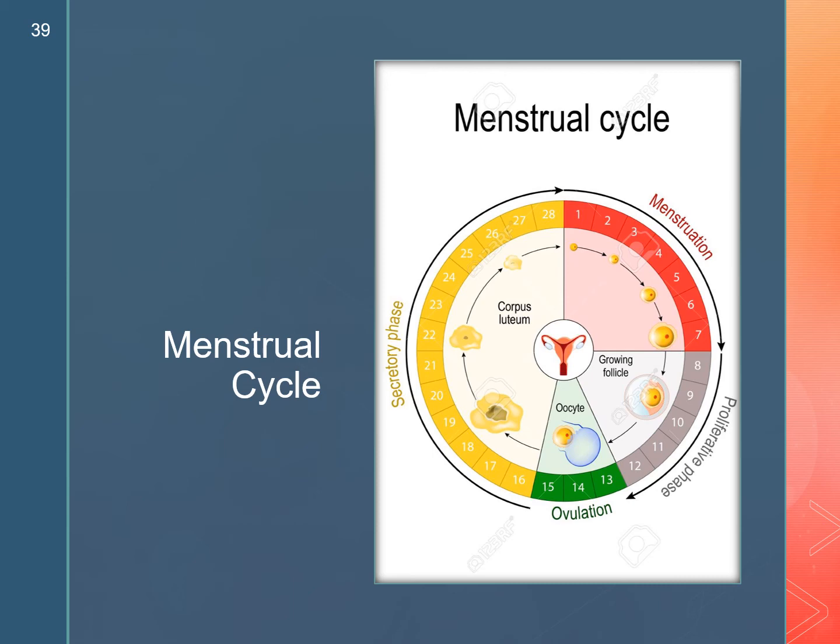Remember, this is when the corpus luteum is excreting hormones, and it's helping to prepare that uterine lining for pregnancy, right? Because we said the goal of every living thing is to reproduce, and it's no different with humans. So that secretory phase is going to serve to prepare the uterus for implantation. And then if implantation does not occur, we're back to day 1 with menstruation.